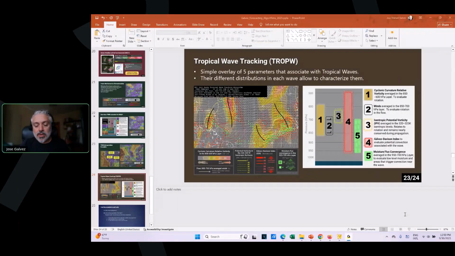You're totally right, and that's something that I want to get into. I would like to get into coding these tools in different models as well, because as you said, this is biased to the GFS solution, and if the GFS is wrong, that means the algorithms are going to be wrong as well. So yes, that's a very good point.